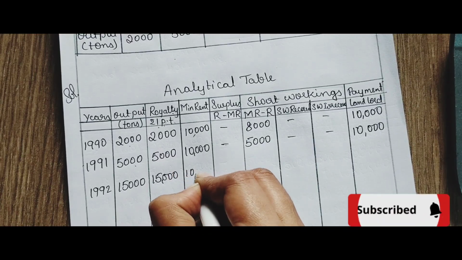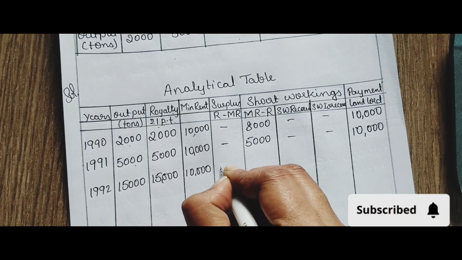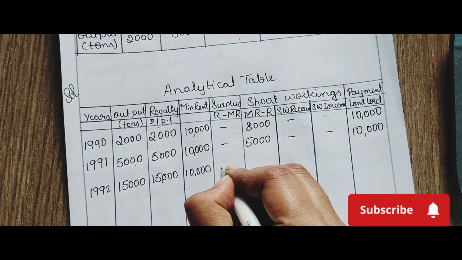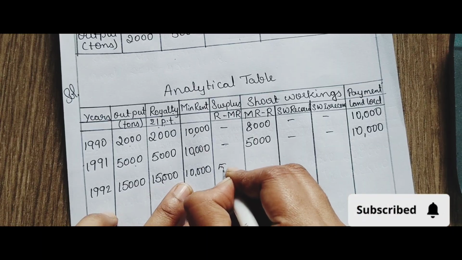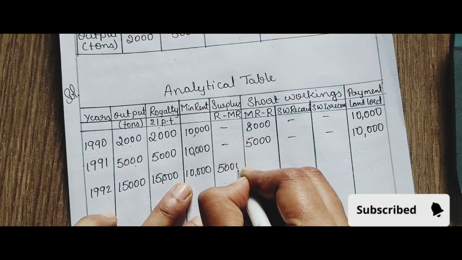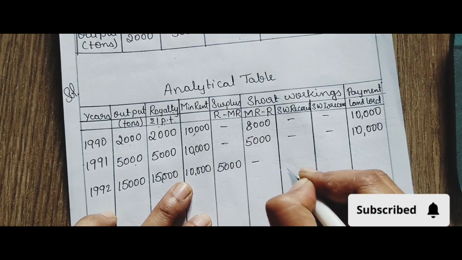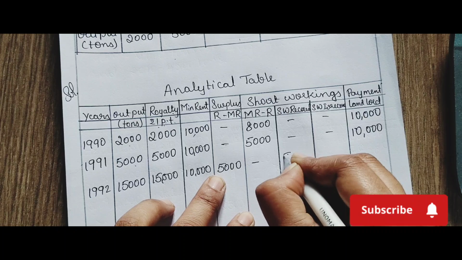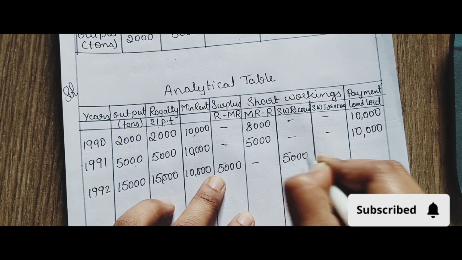Minimum rent is 10,000. So here you have a surplus. What is the surplus amount? Surplus is 5,000. No short working. And within 3 years you can recover. How much can you recover? 5,000 you have recovered.